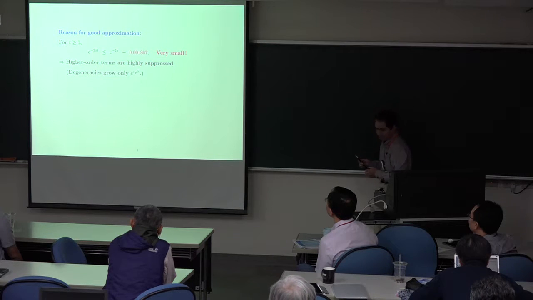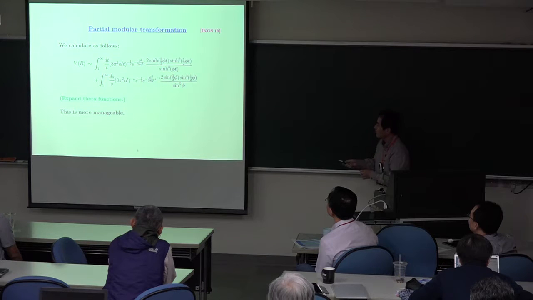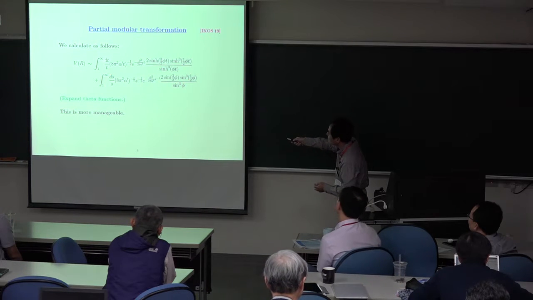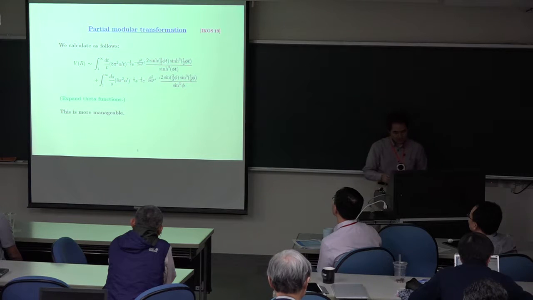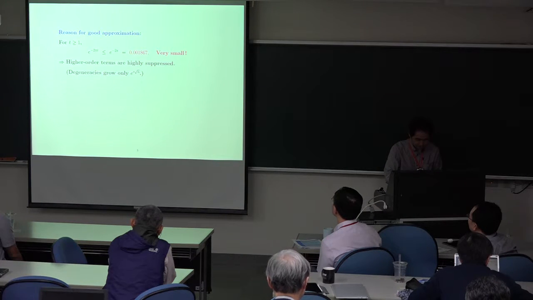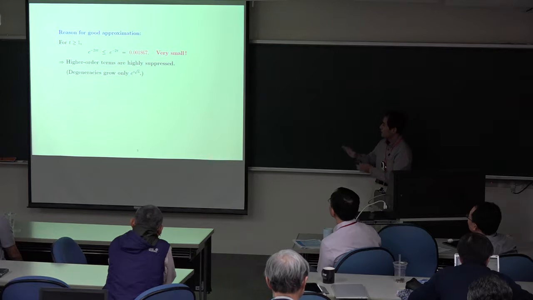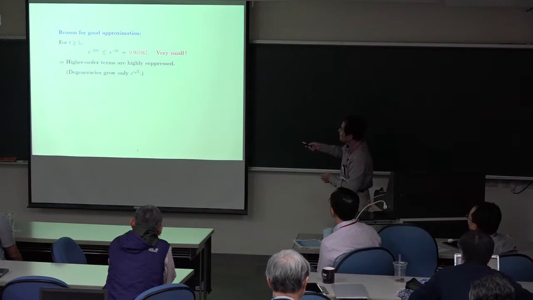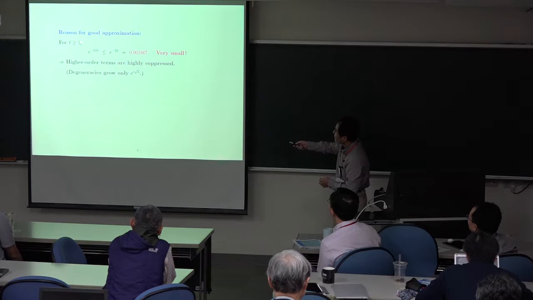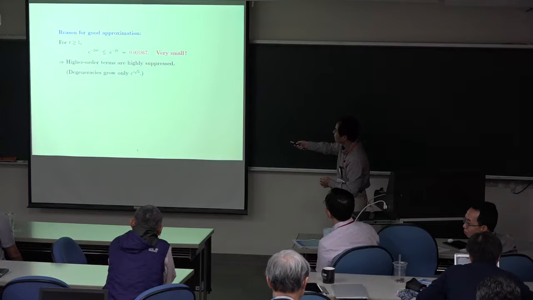I said that the expression is like this, so the integration is from 1 to infinity for both expressions. As I said, the higher massive terms are suppressed by this factor, and because t is larger than 1, this is always less than this factor.